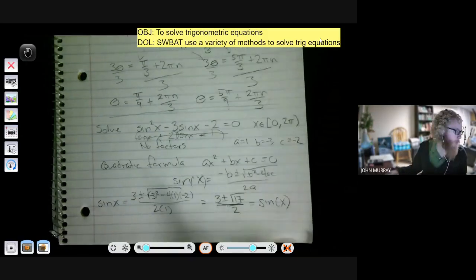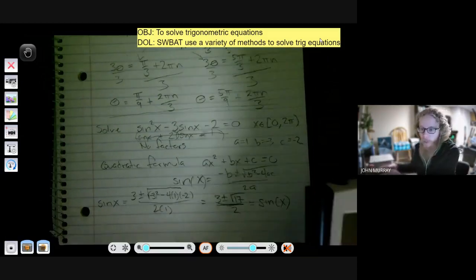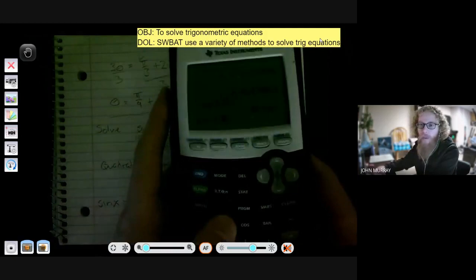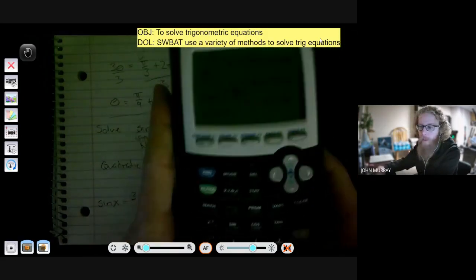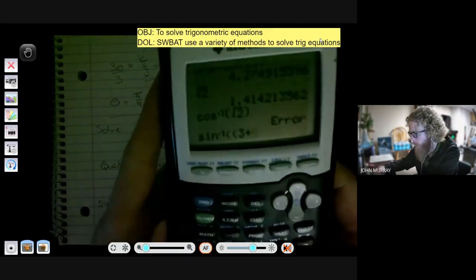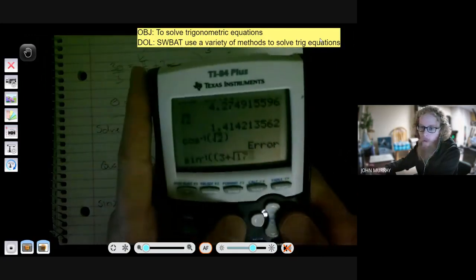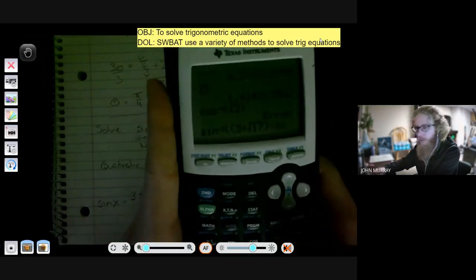So in this instance, we have no other option other than to use a calculator. Just be careful when you're plugging this in. You're going to do the inverse sine of, actually, let me do another parenthesis, 3 plus the square root of 17, and then I'm going to close that parenthesis for the numerator, divided by 2.